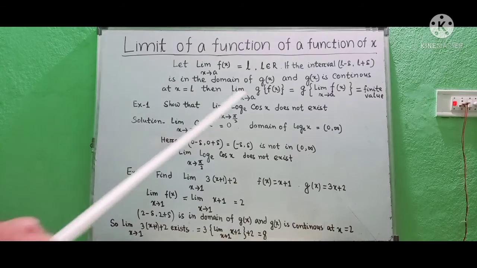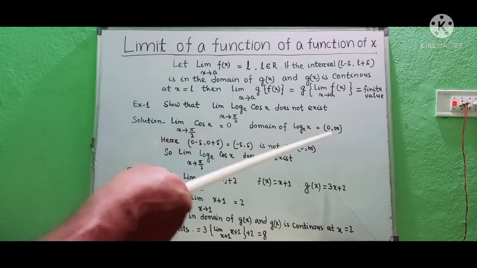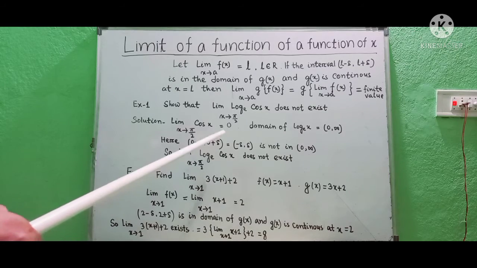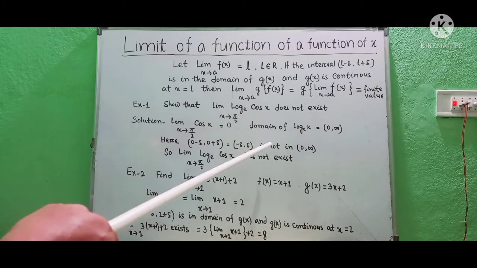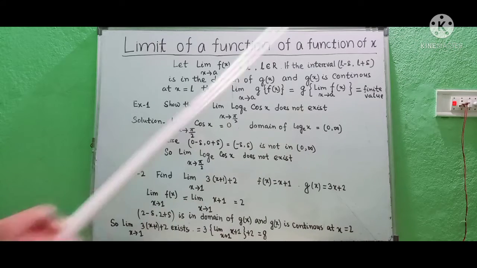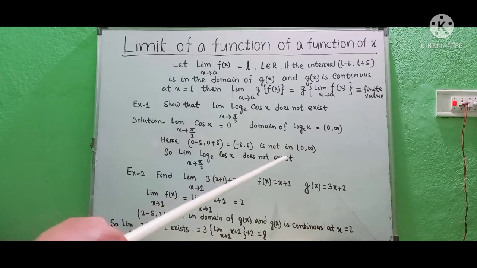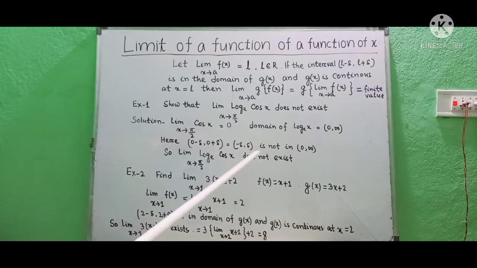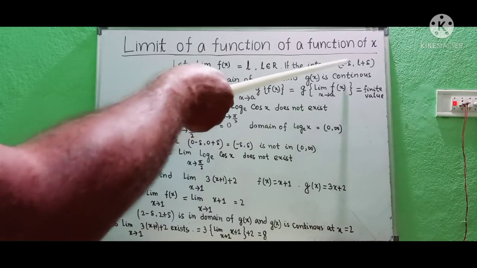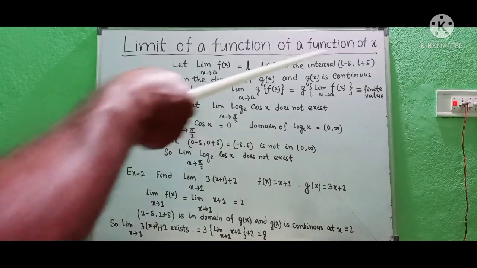The domain of log x is 0 to infinity. Here the open interval (0 minus delta, 0 plus delta) is not within this domain, since minus delta is not in it. So the condition that the open interval is in the domain of g of x is not satisfied.